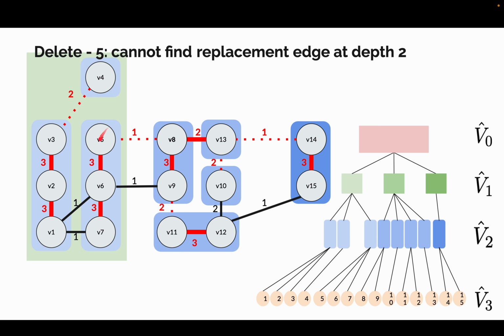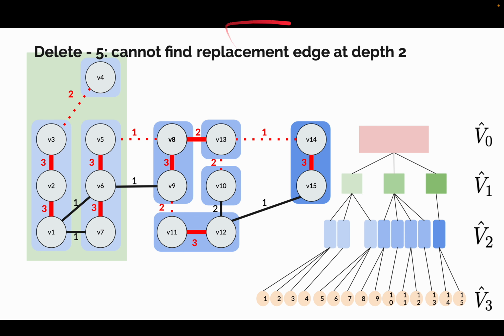So in this case, as in our initial example, we have to split. We have to look to its parent, look to the upper hierarchy, and split the connected component in the higher hierarchy.